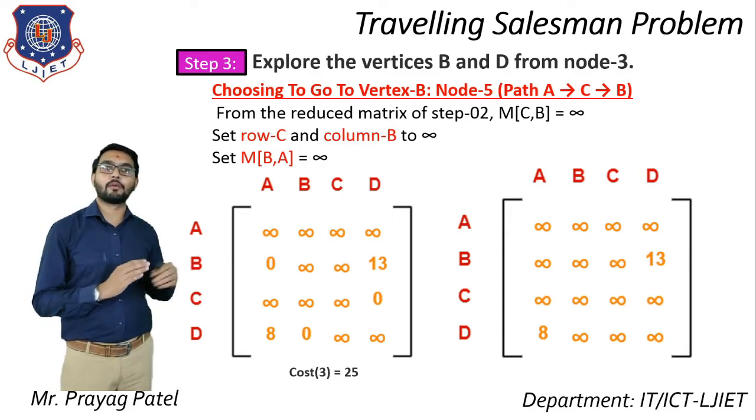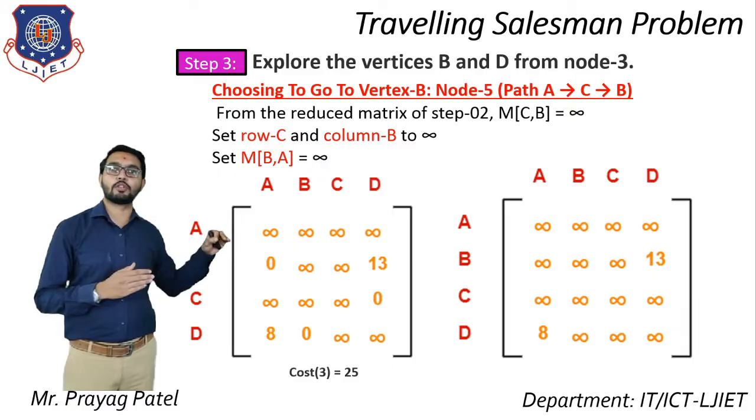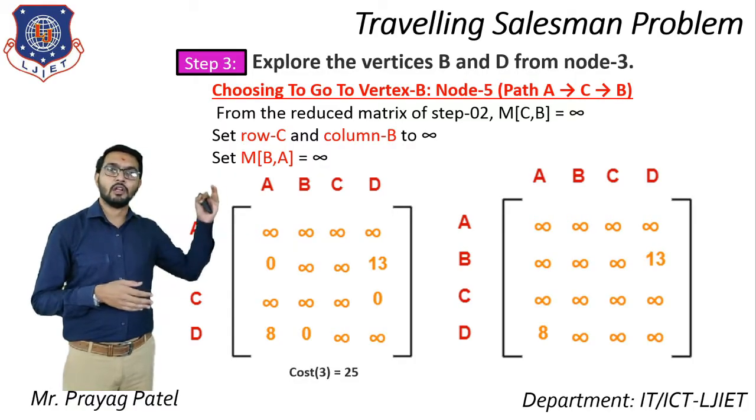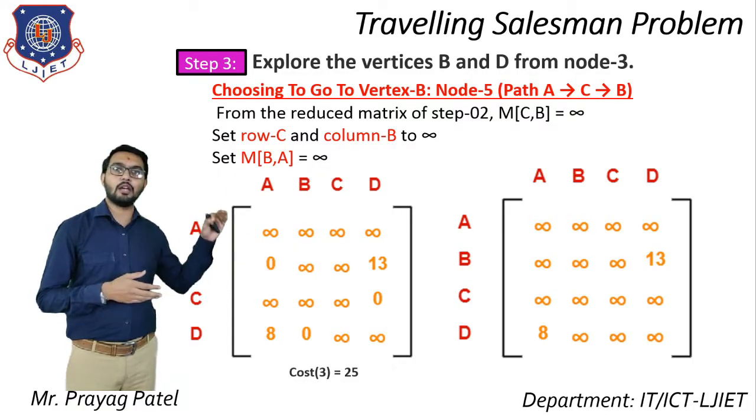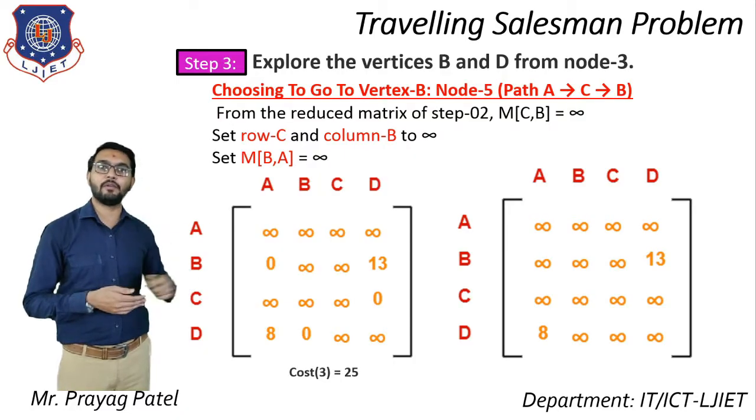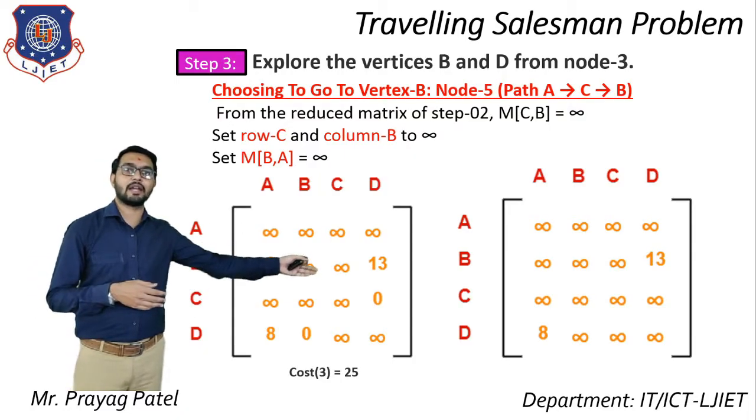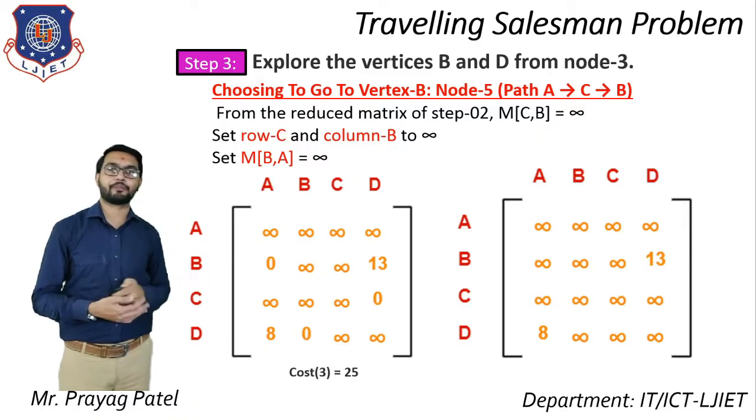Now perform this operation: row C as infinity, column B as infinity, and location BA as infinity, and the resultant matrix is the second matrix in this figure.